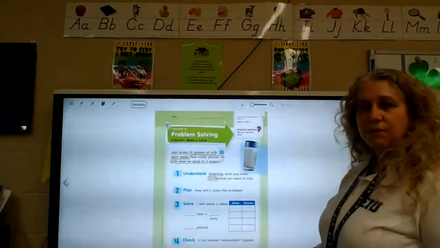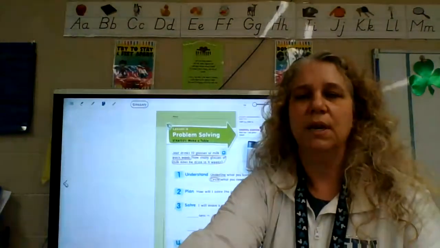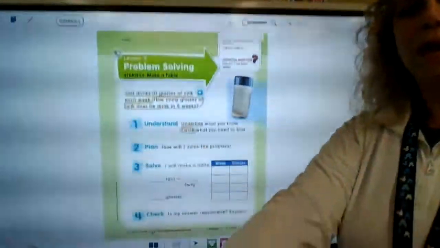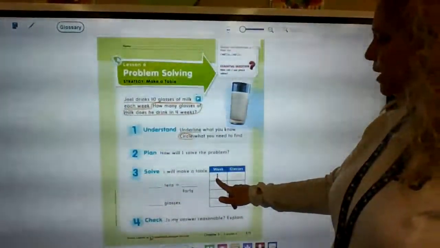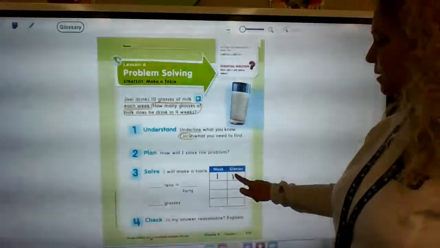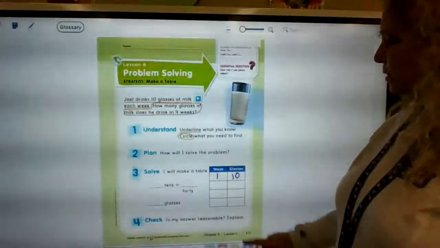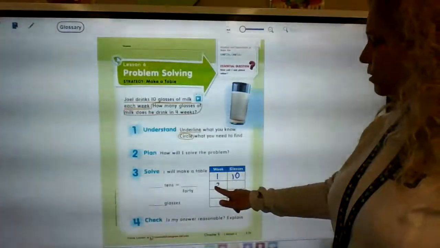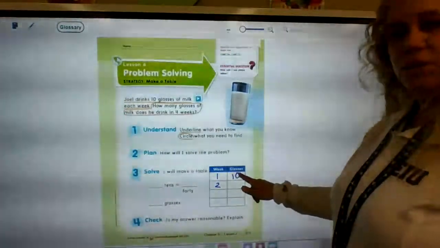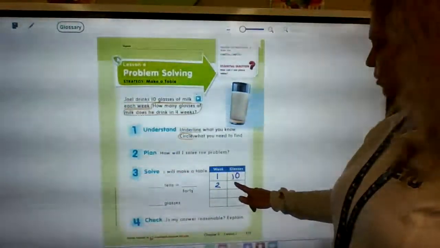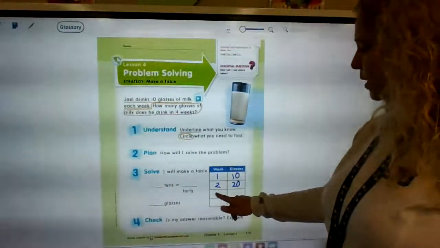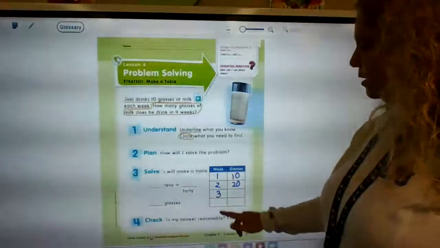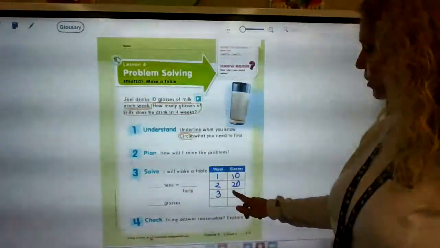Okay, so let's fill out the table. Hope you can see it. I'm going to bring it forward a little further. I know you have it in front of you too. So week 1, the first week, he drinks 10 glasses. In week 2, now he's drank 10 and 10 more, which is 20. Week 3, he's drank 10 more, which is 30.